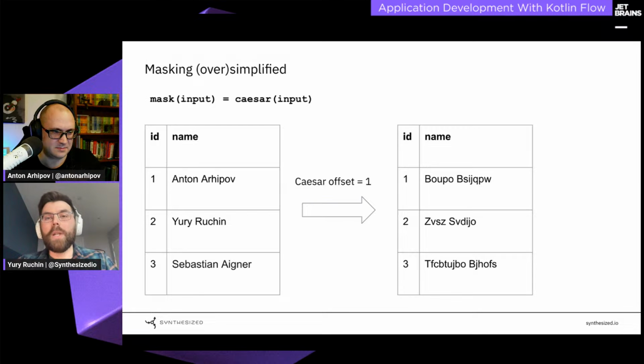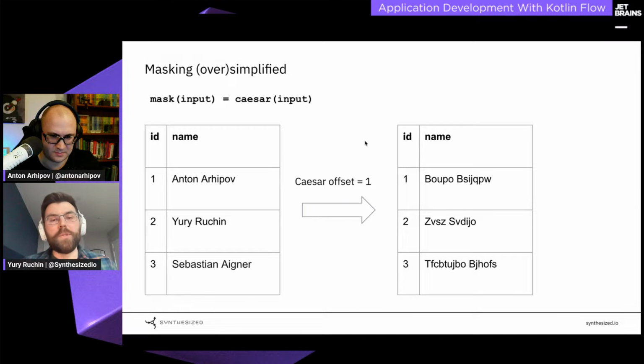And for those of you who are not aware what Caesar code is, it's just taking a string and applying a fixed offset to the string characters so that we get something resembling the original, but already modified. And without knowing the offset, we can only guess what the pre-image was, right?